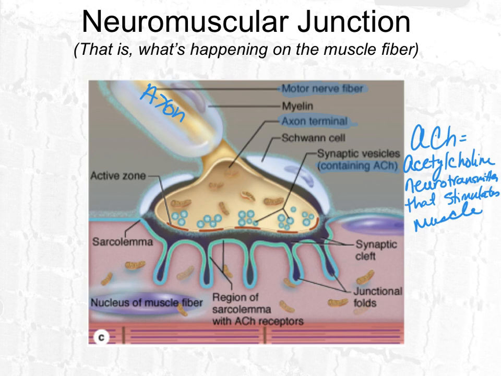And then that starts the cascade that results in muscle contraction. So electrical signal from the nerve, the motor neuron, ending at the axon terminal, acetylcholine is released, travels across the gap, and binds to receptors in the sarcolemma.